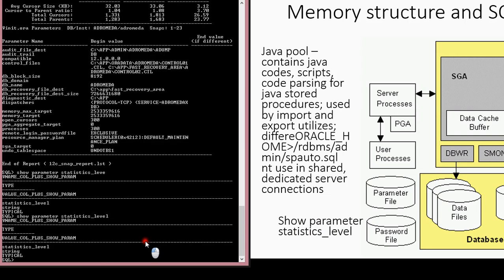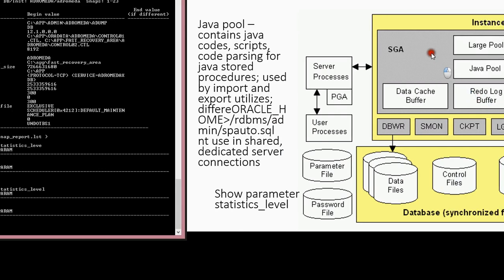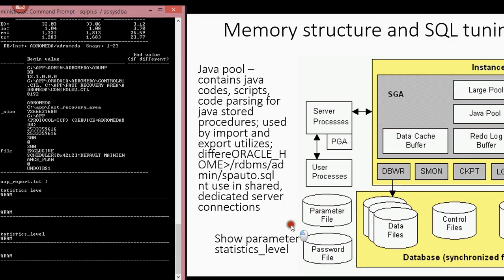It's recommended, for you to have access to these advisors, that you have a typical value for this parameter. Since I have it typical, what typical does is it enables all these advisors.